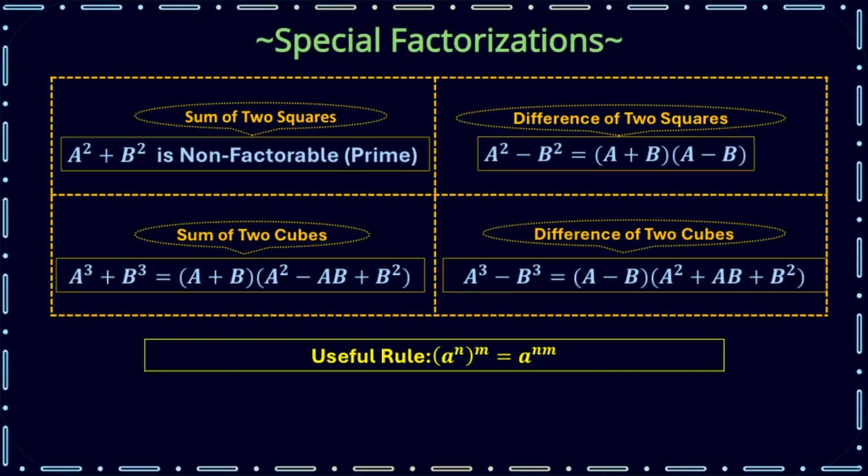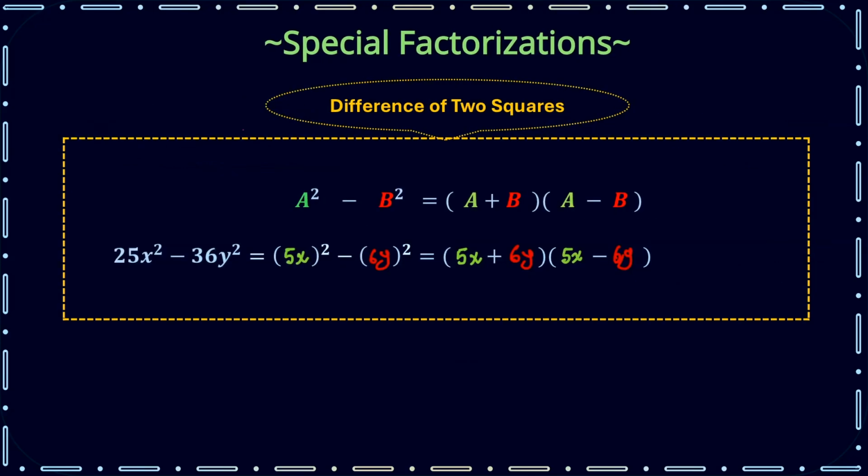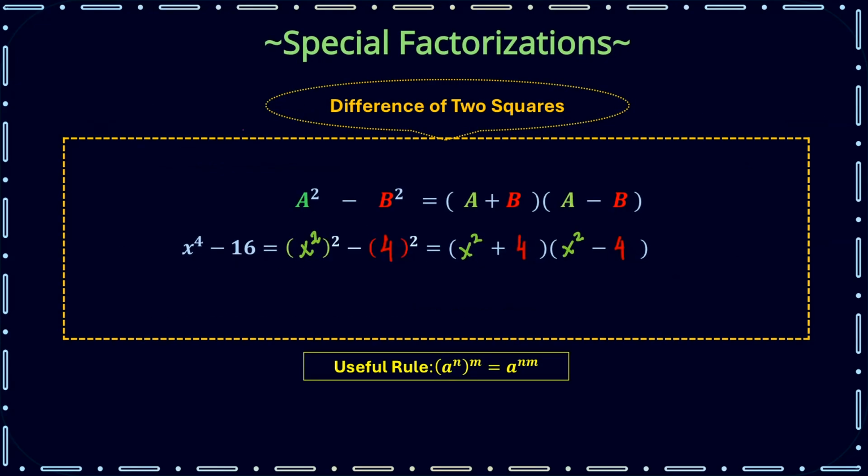And we know already that the sum of two squares is non-factorable, so we can't do anything with that. But x squared minus 4 itself is a difference of two perfect squares. We're going to leave x squared plus 4 alone.